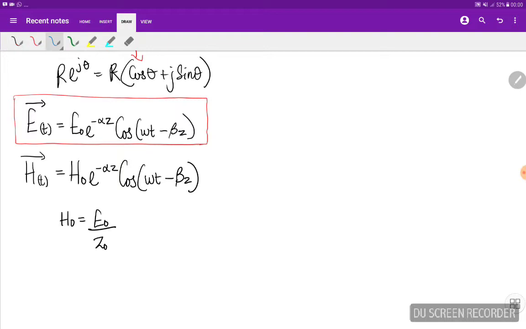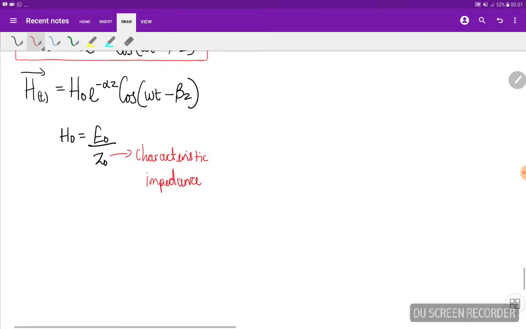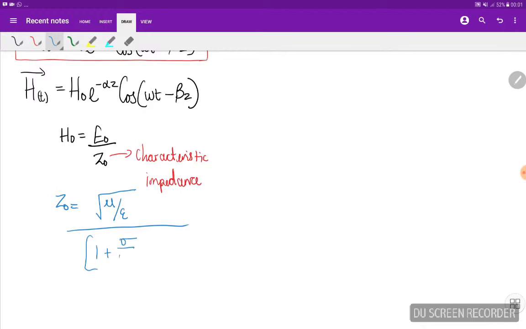Now your Z naught is your characteristic impedance, and it is given by Z naught equal to the square root of this, all over (1 plus conductivity over ωε) squared, to the power 1 over 4.